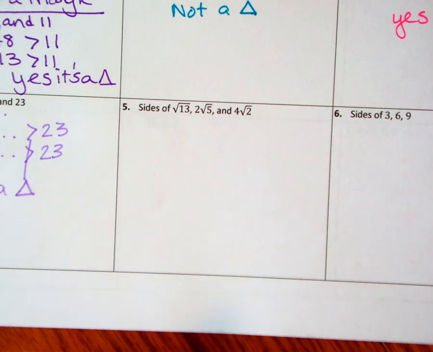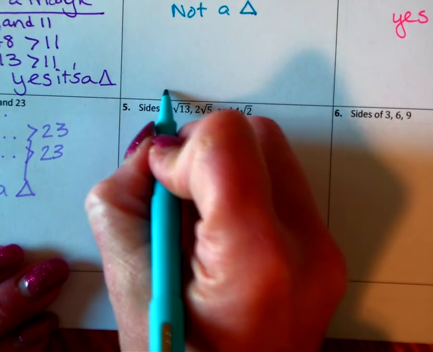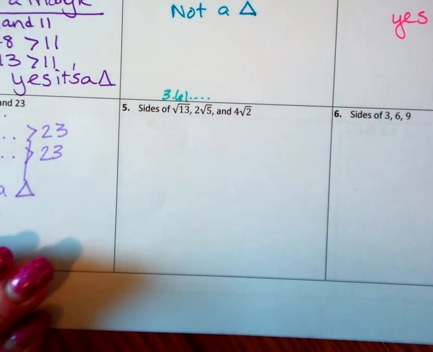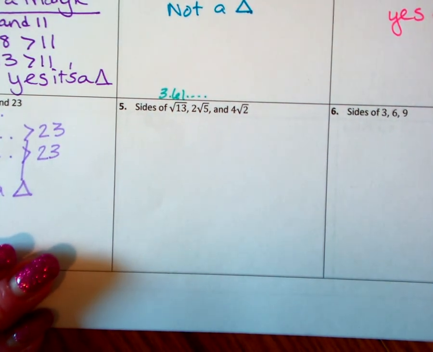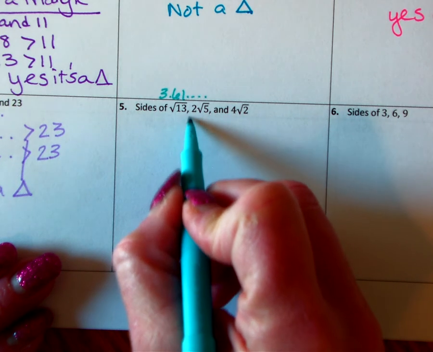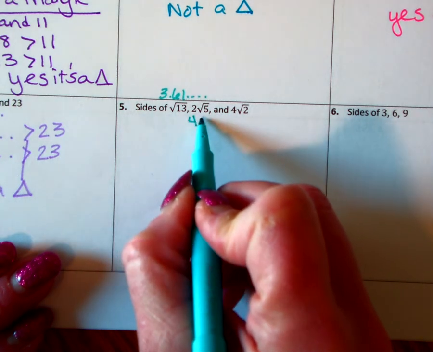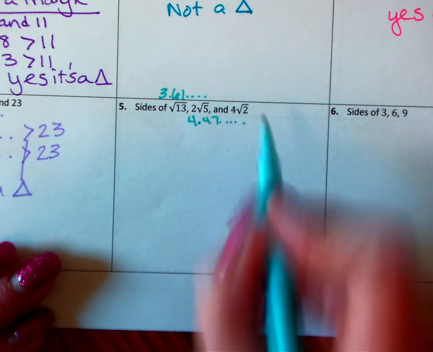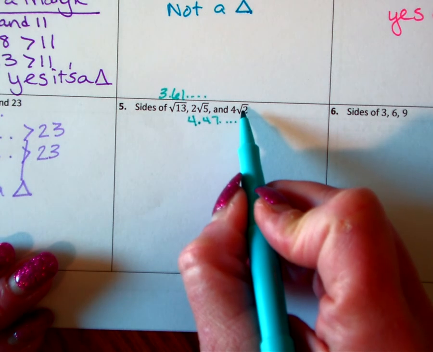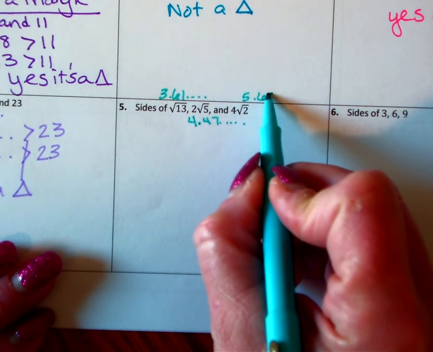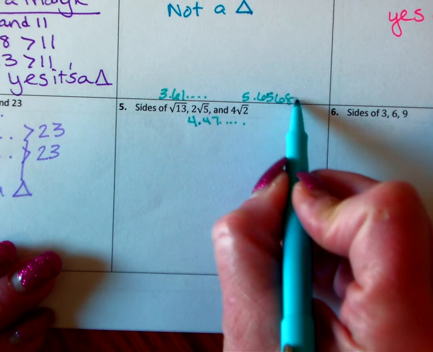Okay, square root of 13 is going to be 3 point something. If you throw it in your calculator, you get 3.61 something. 2 times the square root of 5, square root of 5 would be 2 point something times 2, so it would be 4 point something. Looks like 4.47 something. 4 times the square root of 2, throw it in my calculator, I get 5.6568 something.